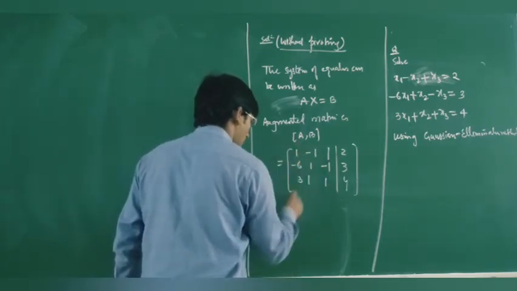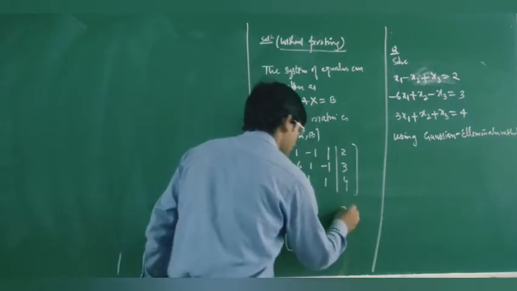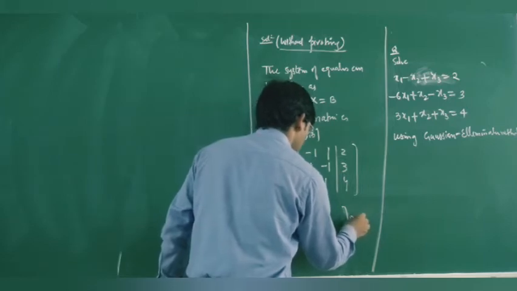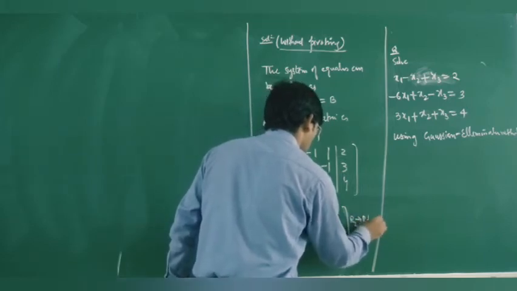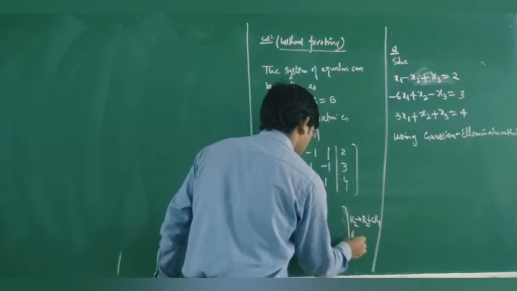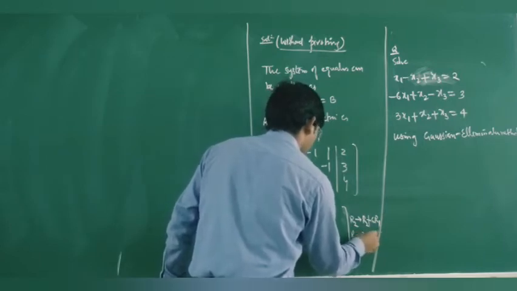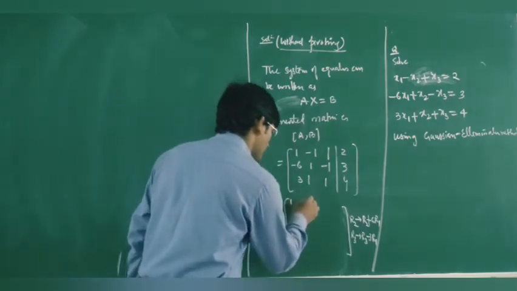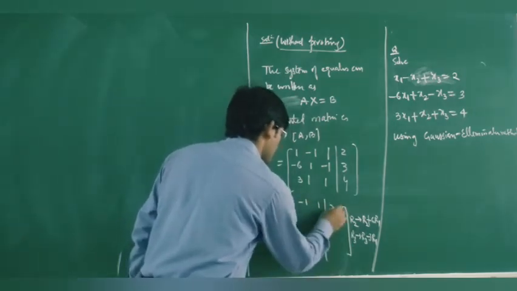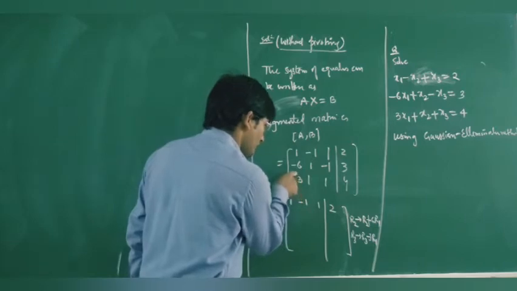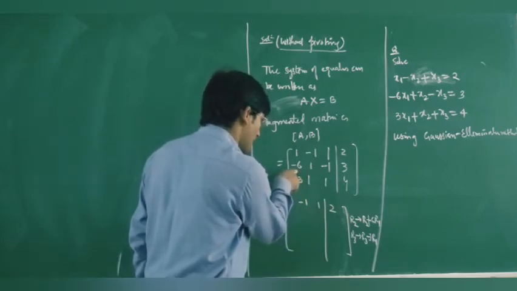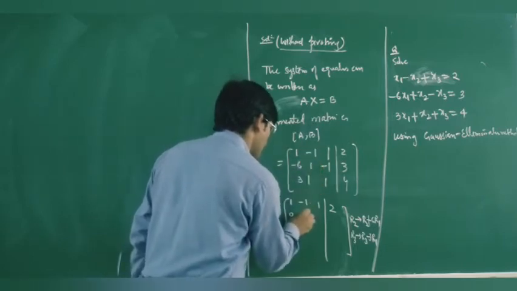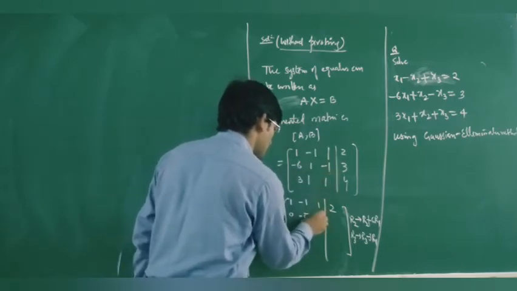Okay, now here I am not using any pivoting, so just reduce these two elements to 0 with the help of this row R1. So with the help of this R1, let us now do R2 plus 6 times R1 and R3 minus 3 times R1. Now this R1 is fixed, so we have this. In R2 we are adding 6 times R1, so this is your 0. Now 1 minus 6 will give you minus 5, minus 1 plus 6 will give you plus 5.